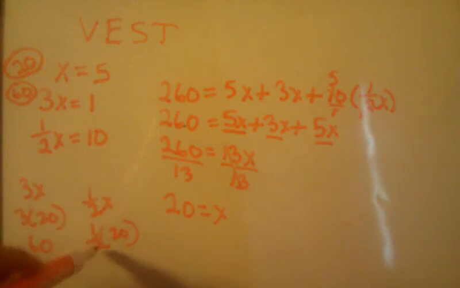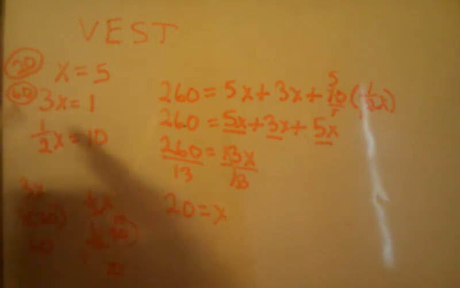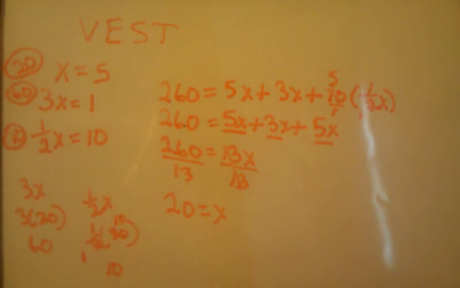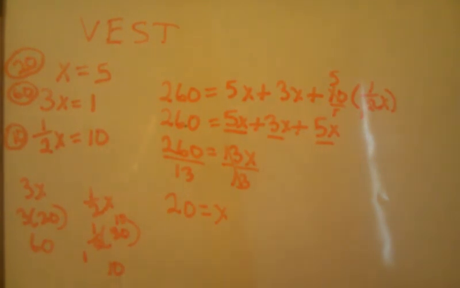What is half of 20? My 2's cancel out. 20 divided by 2 is 10. So there are 10 $10 bills. There were no decimals in that one. So you didn't have to worry about decimals.